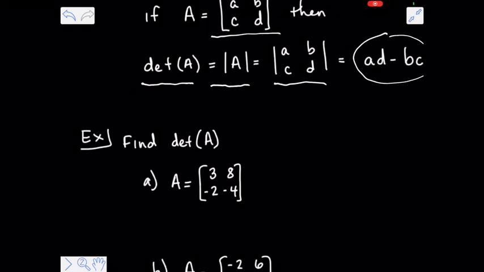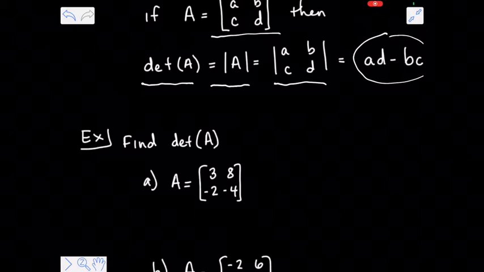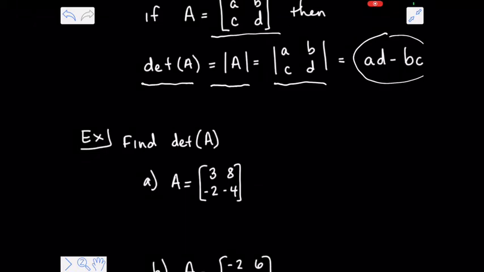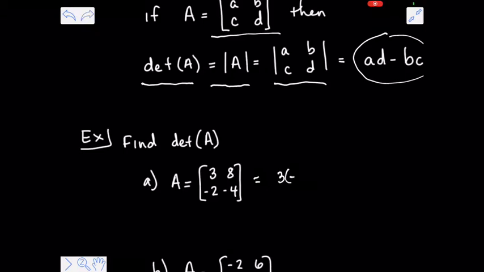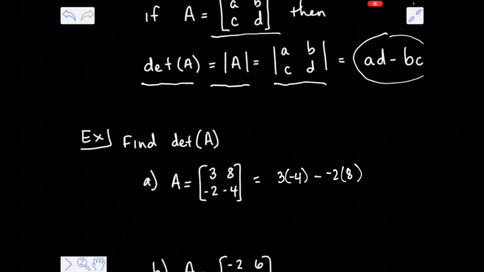So for example, find the determinant of A. We calculate this first product, 3 times negative 4. Then we subtract this product here, negative 2 times 8.